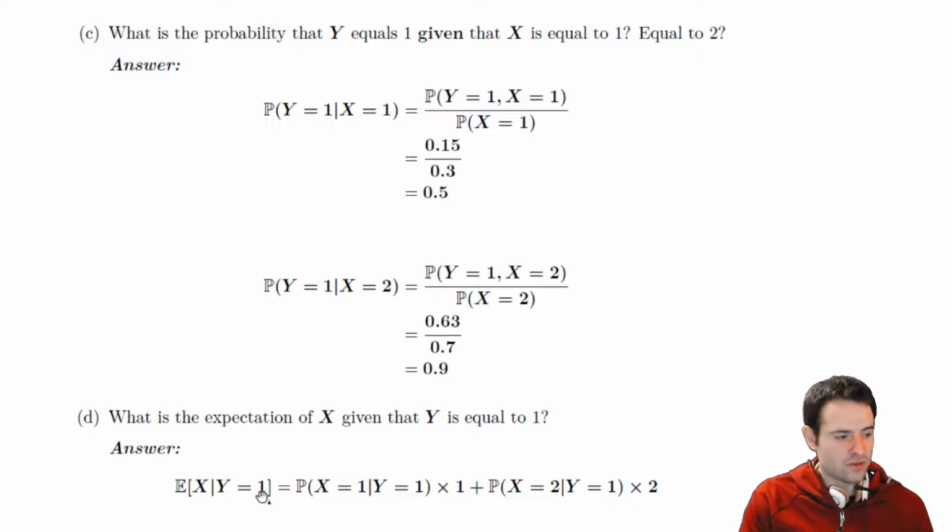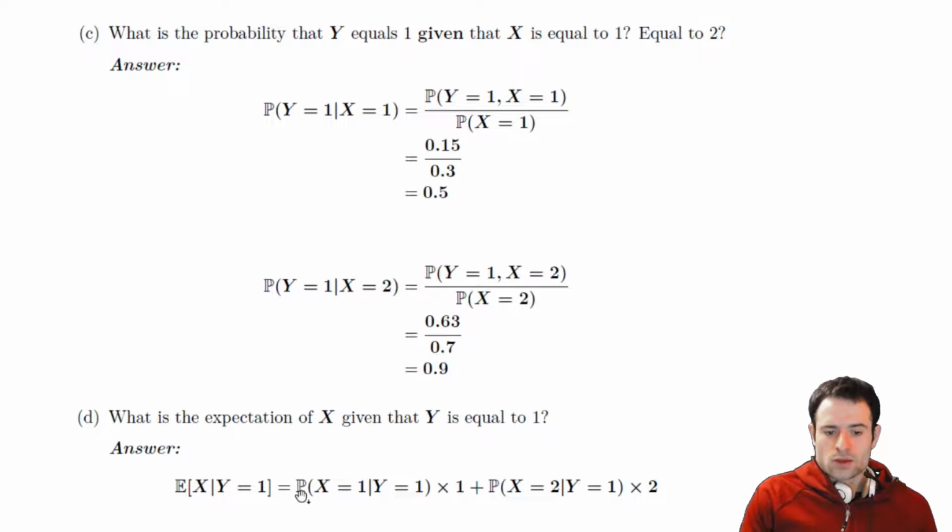And this is why I have the given here. I can use the formula of the expectation. X can either be equal to 1 or 2. And every time we are going to multiply it by the corresponding probability. Here, because we have a conditional expectation, we need to include a conditional probability.